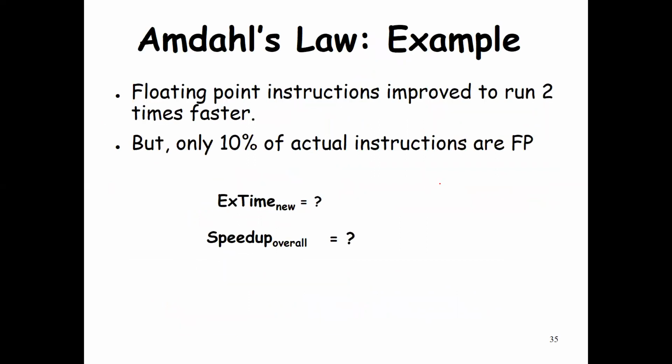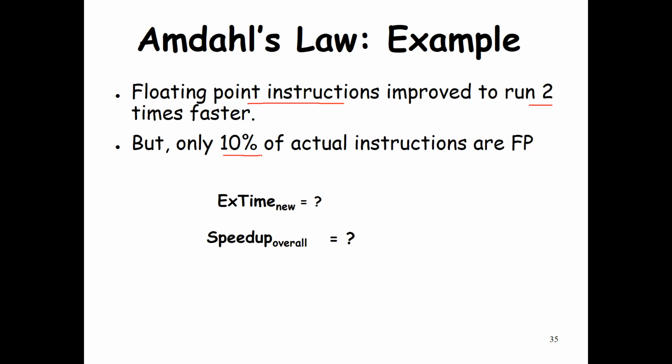Now we'll discuss one example. Assume that floating point instructions were improved in a processor in such a way that the processor speed becomes 2 times faster, right? But say that actually only 10% of instructions are floating point instructions.